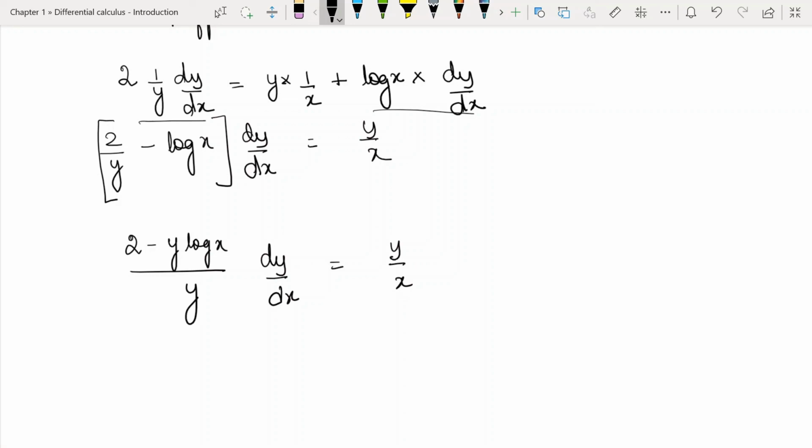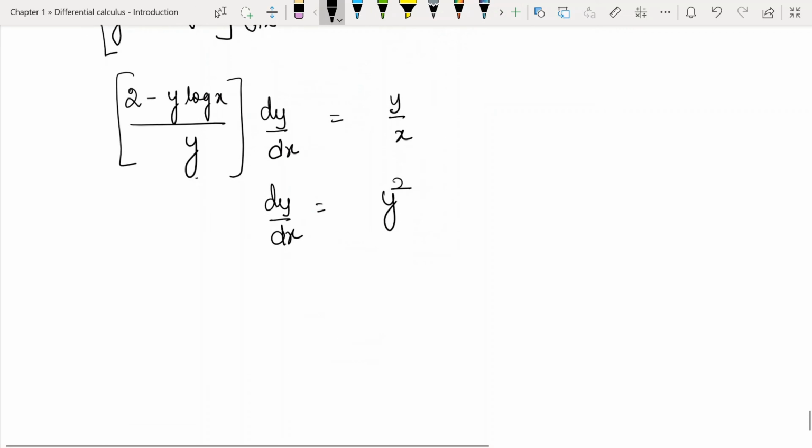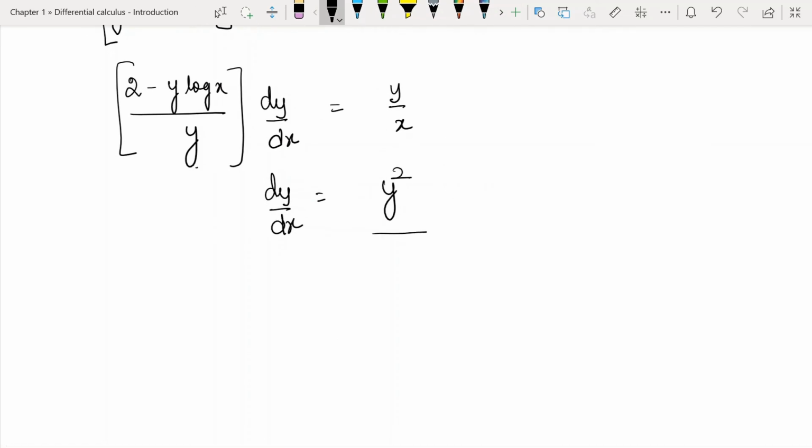Now the question was asking us the value of dy by dx. dy by dx is equal to y, and this y, when it comes here, becomes y square. Then in the denominator we are going to have only the x multiplied with this term, 2 minus y log x, close the bracket.